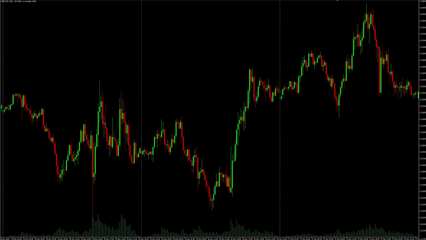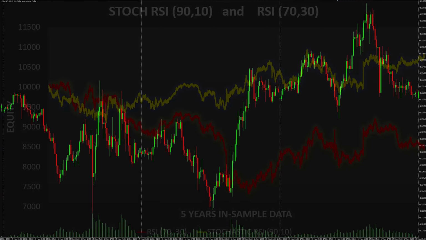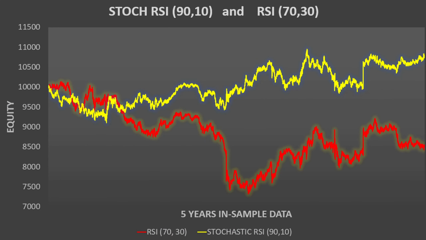Now, let's return to the equity curves that we saw in the previous episode. So, as a quick reminder, the yellow curve here is the strategy based on the stochastic RSI using levels of 90 and 10, and the red equity curve is for the standard RSI using levels of 70 and 30.